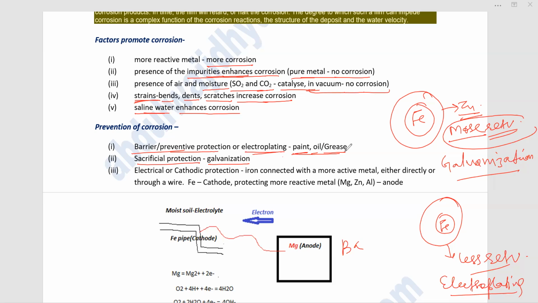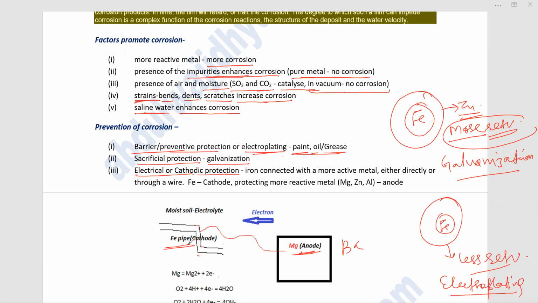Then electrical or cathodic protection is also a mode to protect the metal from getting corroded. See, this is an iron pipe. This iron pipe is connected with more reactive magnesium. This magnesium will act as anode and this iron pipe will act as cathode.